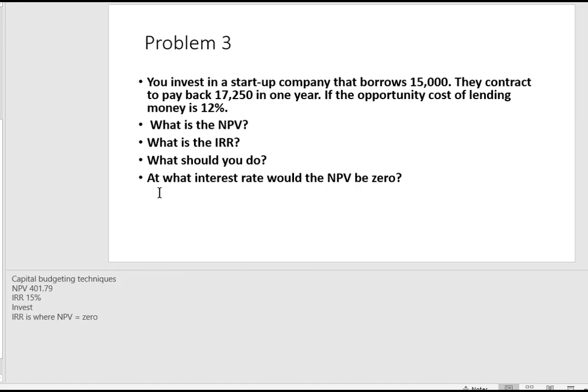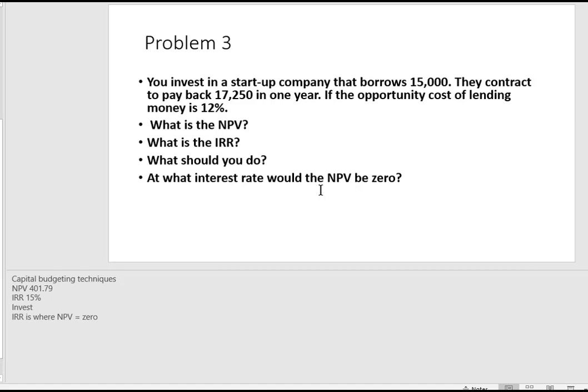The question here is, at what interest rate would the net present value be zero? I don't know how familiar you are with Excel, but Excel has a data analysis add-in that you can add to the spreadsheet, and it has a solver function. Essentially, you use that solver function to find where the net present value equals zero by only changing the discount rate.